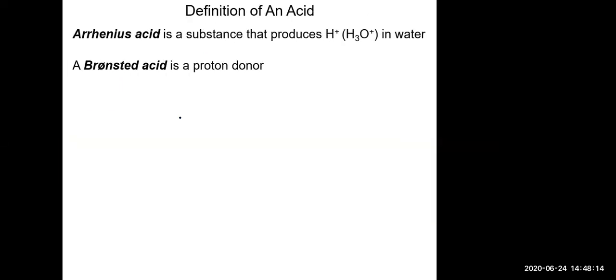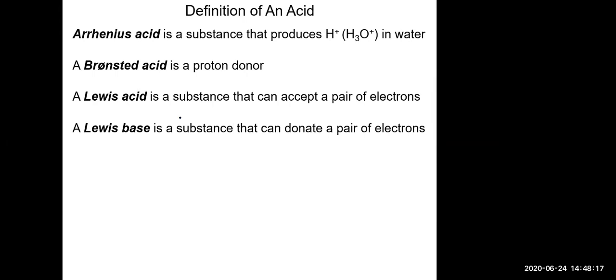Now, we've talked about a couple different definitions of an acid and base in this chapter. An Arrhenius acid is basically something that will produce H plus in solution, while a base will produce hydroxide. We had our Bronsted-Lowry definition of acid and base, which is a proton donor and a proton acceptor. And our good friend Lewis couldn't be left out. When we think about Lewis, we think about Lewis structures, and we also think about electrons.